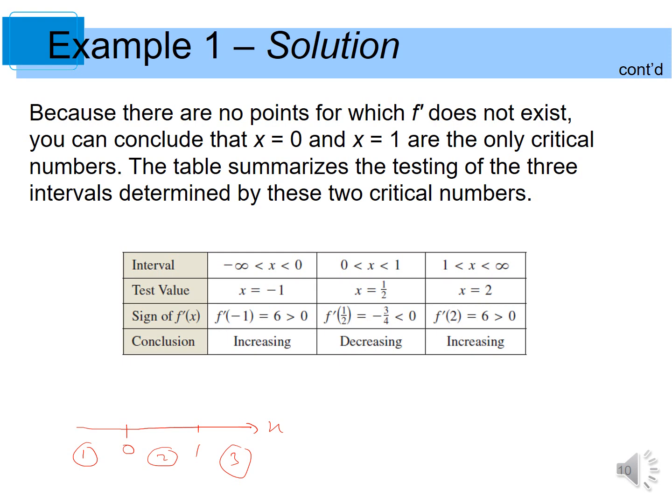Then immediately we construct a table like this. The first row we name as interval, second row test value, third row sign of f prime x, and the last one is conclusion.